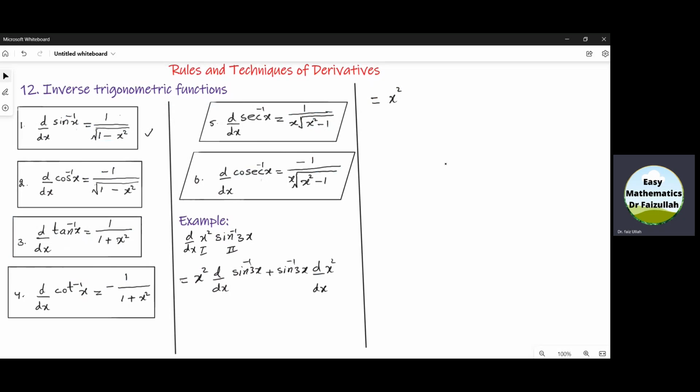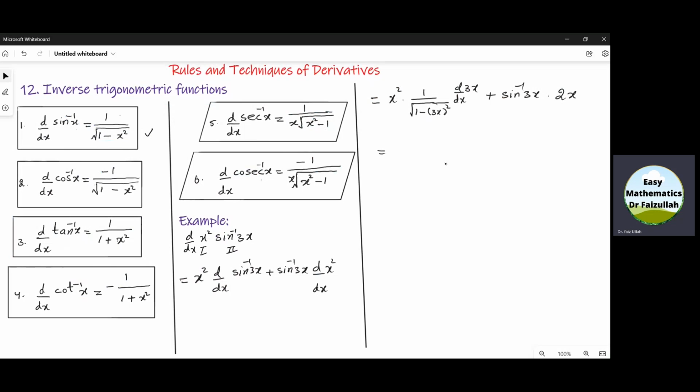Here there is sine inverse 3x, so its differentiation is 1 over under the root 1 minus, instead of x there is 3x, so I will write 3x square, and by the chain rule we need to do the inner differentiation of 3x. Now plus second function, which is sine inverse 3x, and differentiation of x square is 2x.